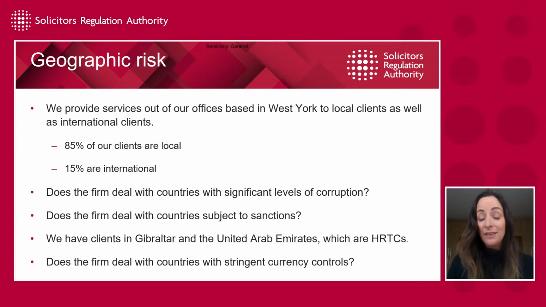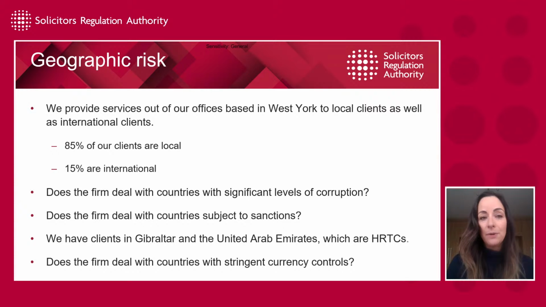So as we picked up previously under client risk, setting out that clients are international or based in a particular geographic region of the world is not useful when it comes to money laundering risk necessarily, because it misses any sense of the different risks posed by different countries. So we would expect firms to set out the names of the countries where the clients reside for this 15% that the firm have mentioned, and the controls that they have in place to mitigate against the identified risks.